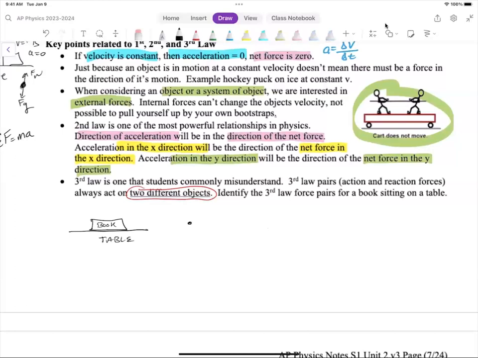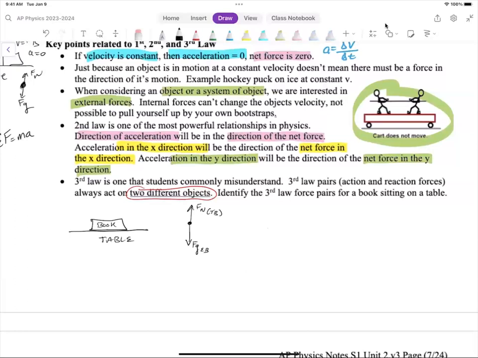If I draw a free body diagram on the book, that's the force normal. That is the table on the book. Force of gravity, that is the Earth on the book. Okay. Don't tell me force normal and force of gravity are the third law pairs. That's only one object. It's only one free body diagram.